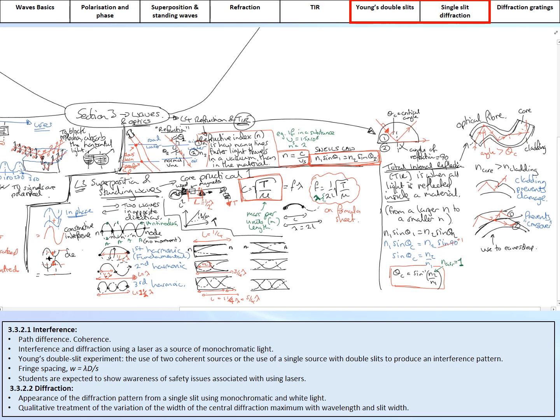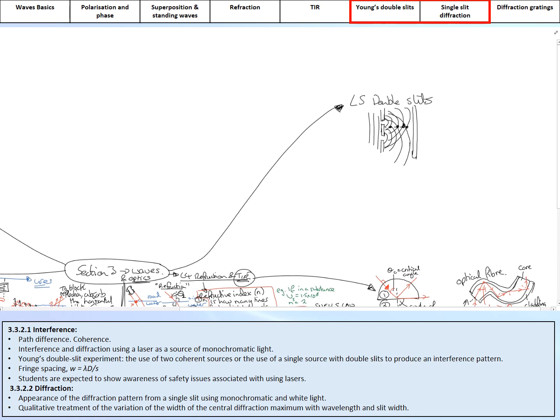And when the peak and the trough meet and the waves cancel, we get destructive interference. So when the peaks meet, we get constructive interference. So we get a bright spot here. And then at some point, a little bit further on, let's redraw that in the center.